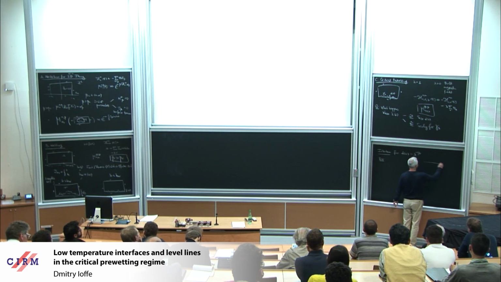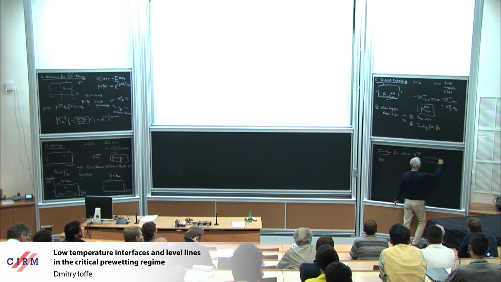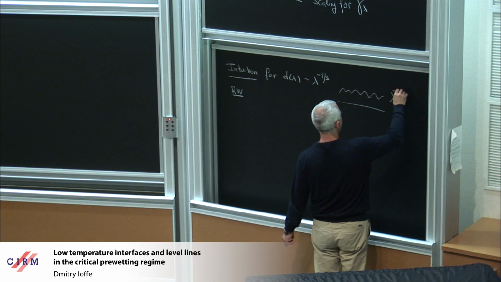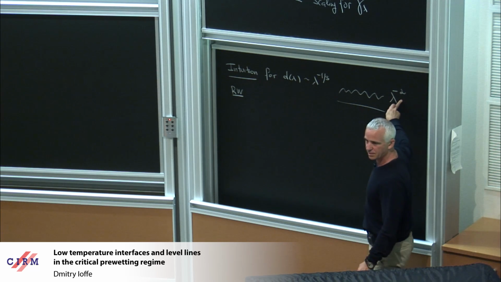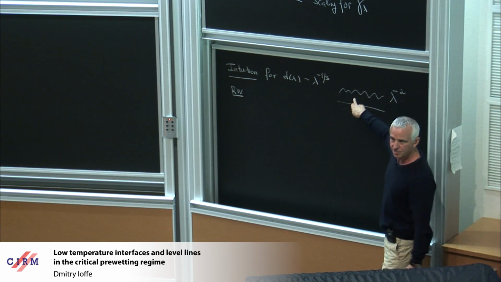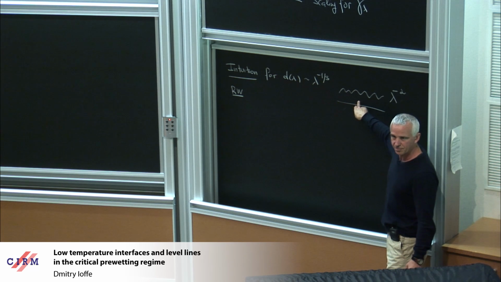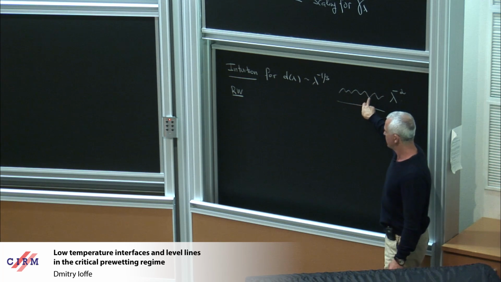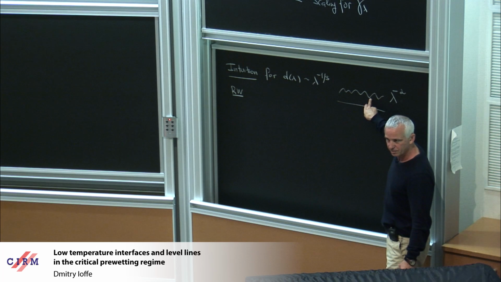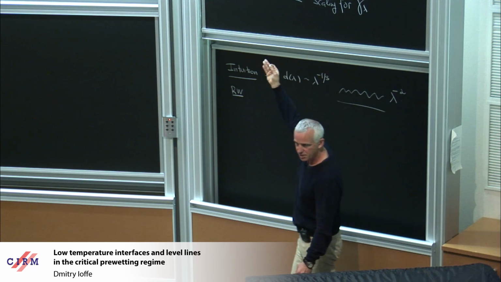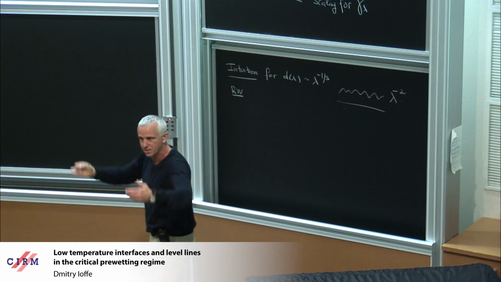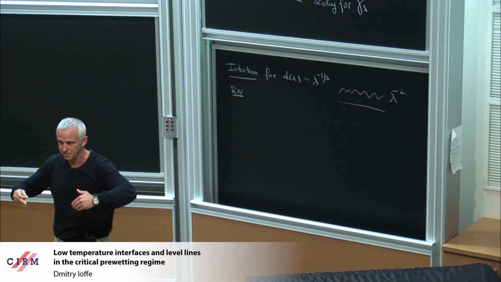So we have a random walk at a certain level, lambda to the power minus alpha. I want to understand alpha. There's a wrong phase below this random walk, because the magnetic field lambda likes plus spins, and below the interface is the minus phase.